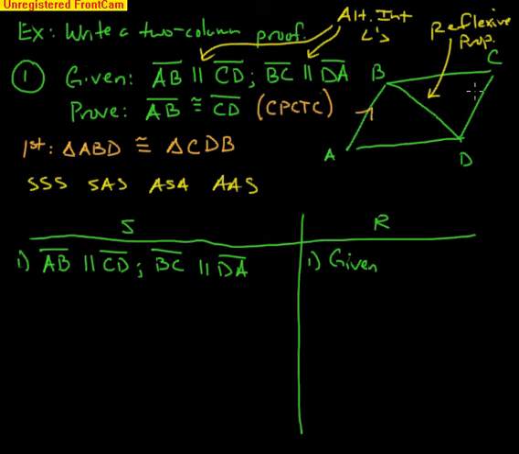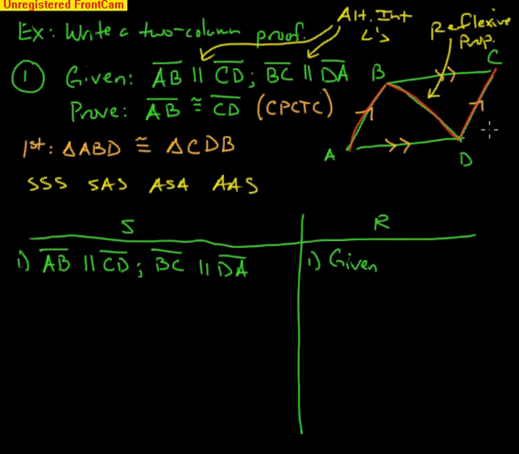AB is parallel to CD, and BC is parallel to DA. Let's first work with AB and CD. I'm going to trace it using the red. AB and CD. And then I'm going to draw the transversal.